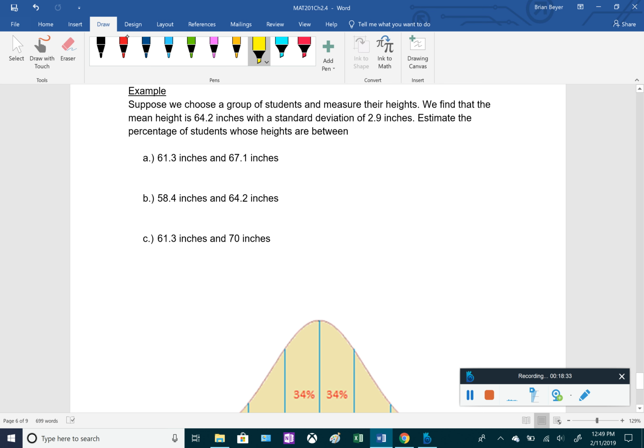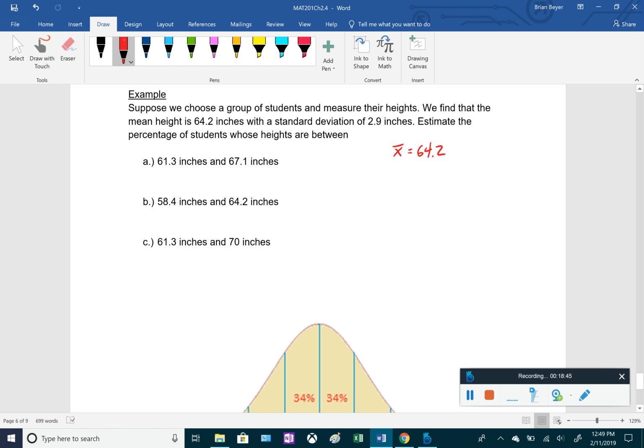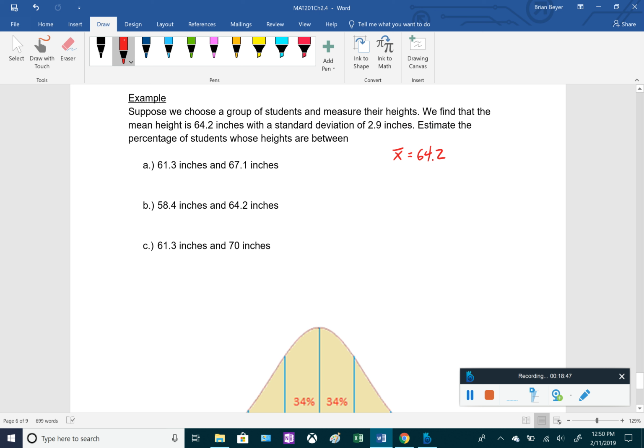We're given the mean of the sample is 64.2. I'm using x bar here because it's the mean of a sample. And the standard deviation, which is an s for the sample, is going to be 2.9. I'm just leaving out the units for right now, but notice that the units are the same for our data and the standard deviation.